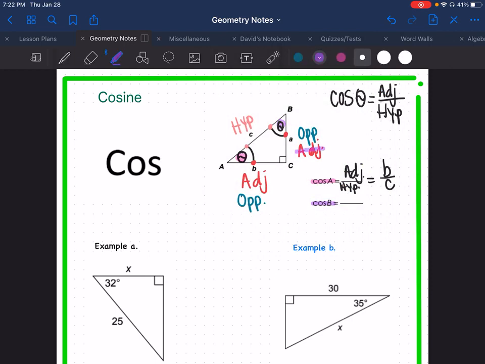So this is for my purple, and this one's for my pink theta. It just depends on where theta is. Now, this is not going to change. It's still adjacent over hypotenuse, but the actual letters are going to change. It's going to be A over C.